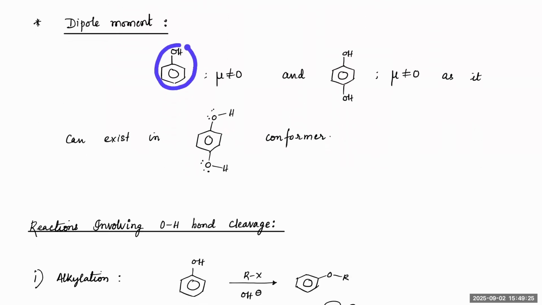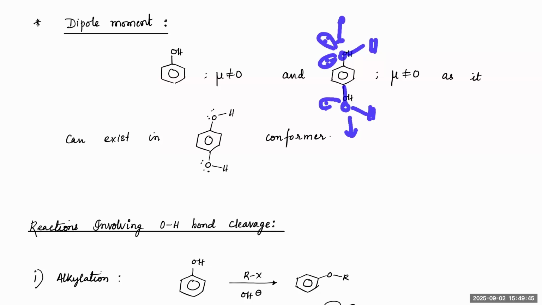Next, when it comes to phenol, it has a certain dipole moment because oxygen and carbon have a strong electronegativity difference. But here, because of OH and OH, they should cancel off, correct? But they don't cancel off because there are lone pairs also on it.